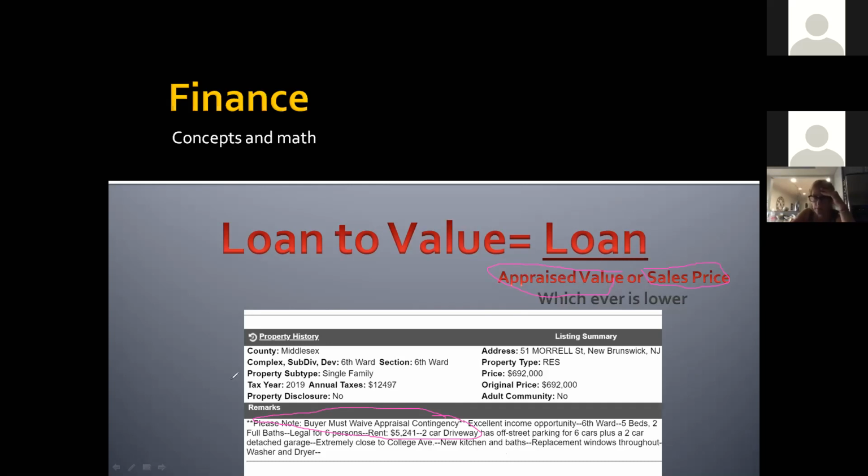Now, in this case, the buyer is going to be ready to do that because this property is right next to the student center. And so you pay a premium for it, but the appraisers aren't smart enough to know that. So again, in this listing, and this is a listing from Tony Shadid, and it's my buyer on this, the buyer had to waive the appraisal contingency. So even though it's not going to have the right loan to value ratio, they have to go through with purchasing it.